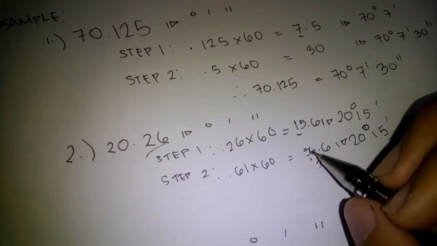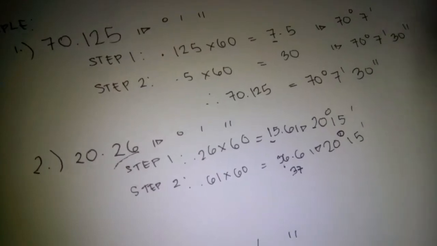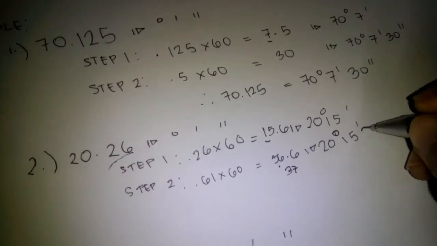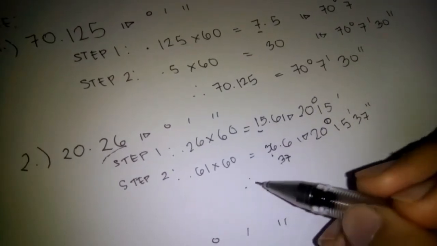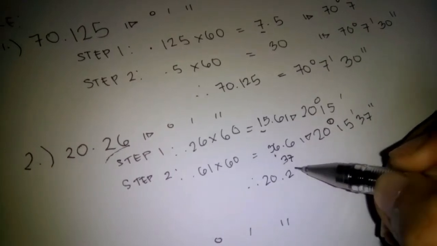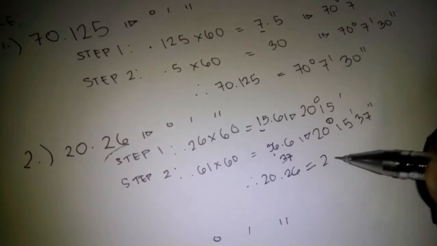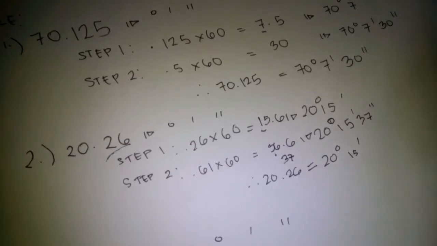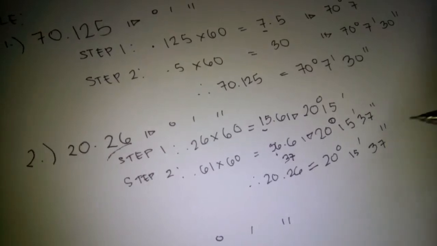So we add 1. It will be 37. So the final answer will be 20 degrees, 15 minutes, and 37 seconds. Therefore, 20 and 26 hundredths is equal to 20 degrees, 15 minutes, and 37 seconds.